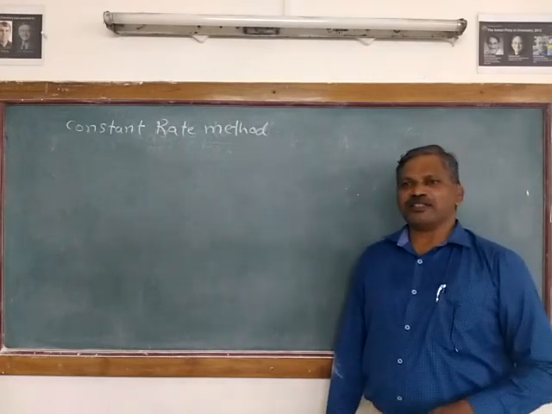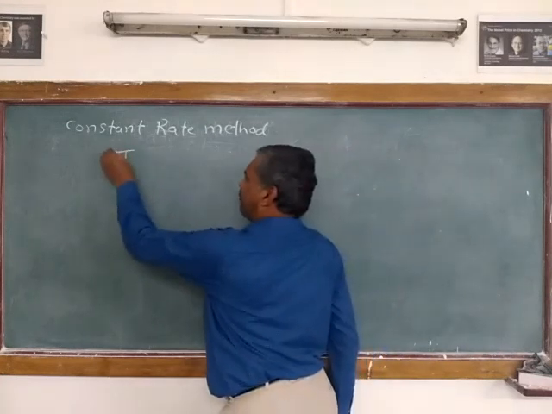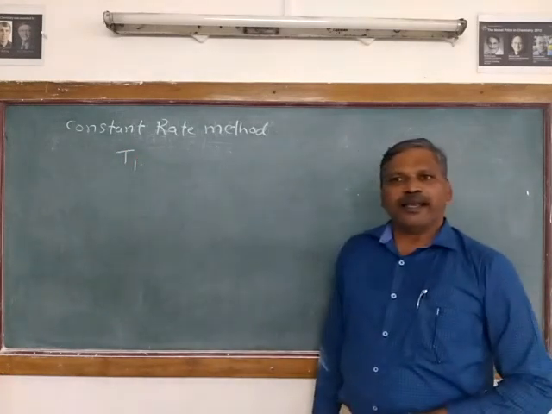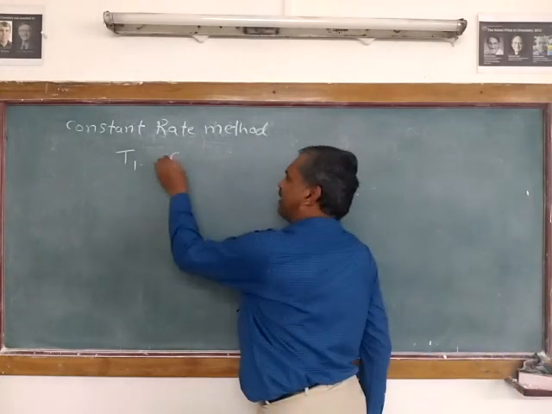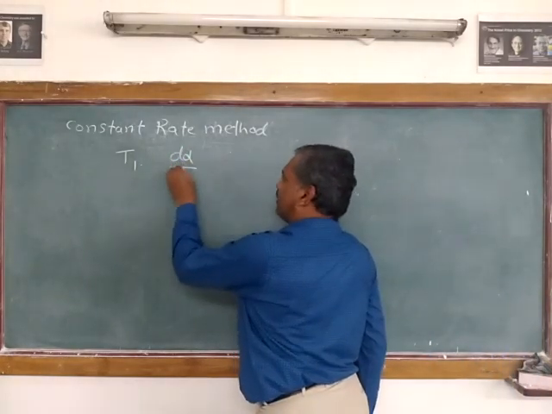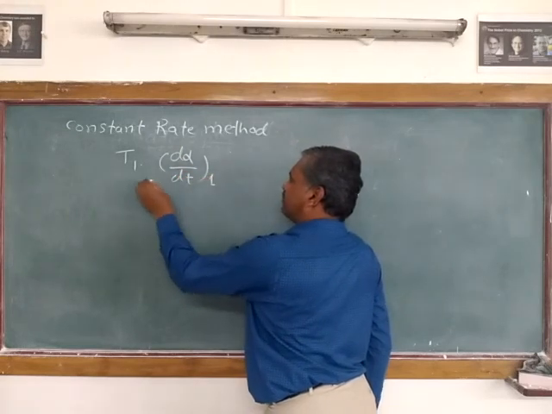Say for example, at temperature T1, the rate of mass loss becomes constant at d alpha by dt 1.